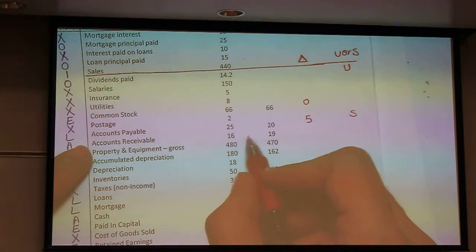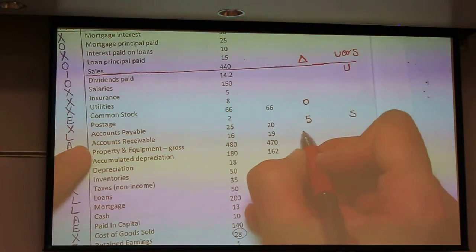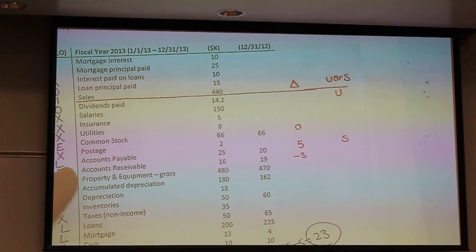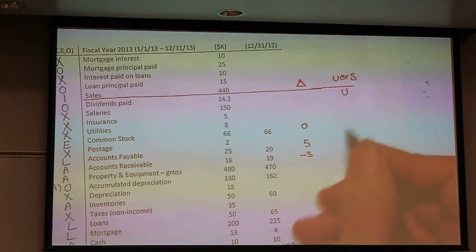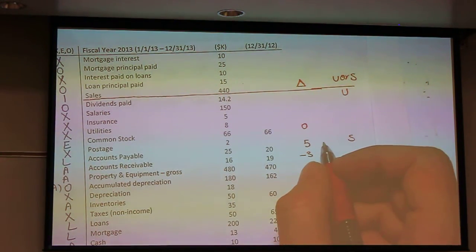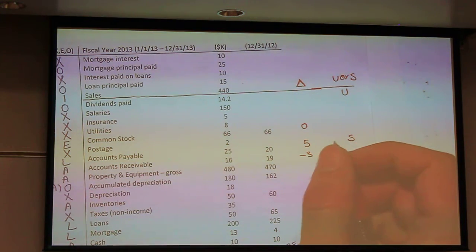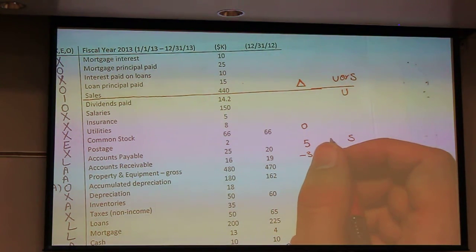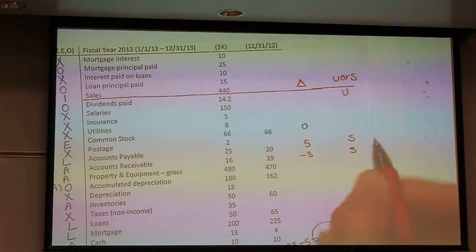So accounts receivable, 19 to 60, -3. Decrease in accounts receivable. Source of fund, use of fund. Accounts receivable is an asset. So decrease in an asset is a source of fund. Thank you.